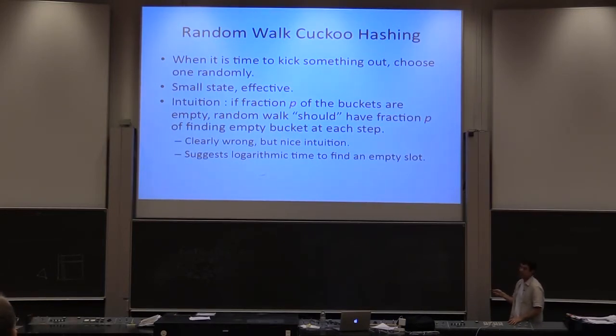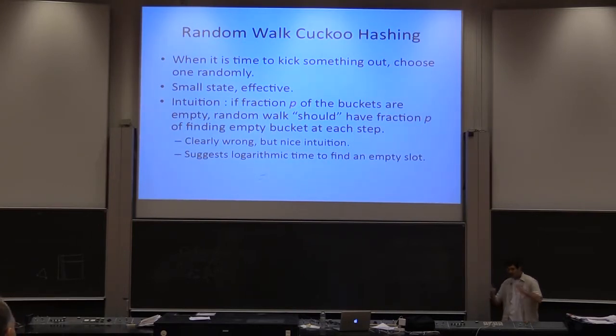And intuitively, this should work pretty well. If there's some fraction of empty things, and I'm doing a random walk through hashing, and the neighbors of things are looking random, then maybe there's a probability P of finding an empty bucket at each step. We'd like that to be true, but there's really no justification for that intuition.